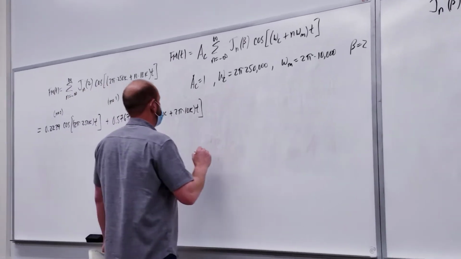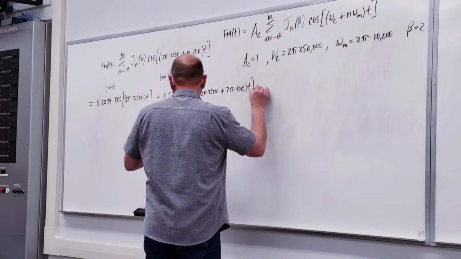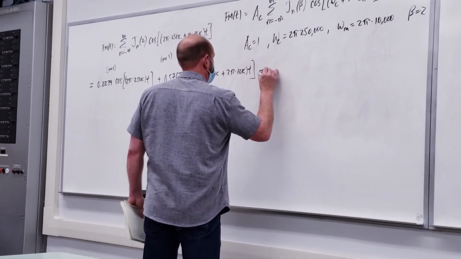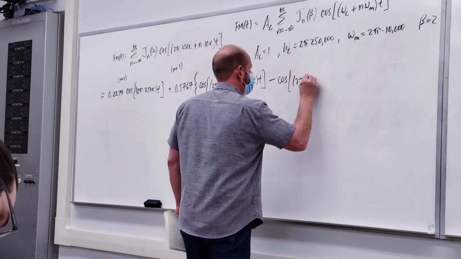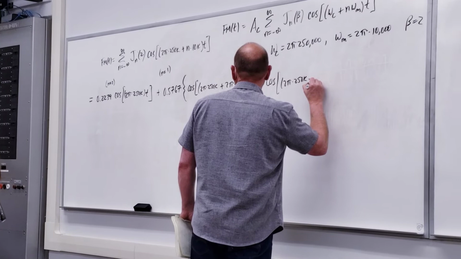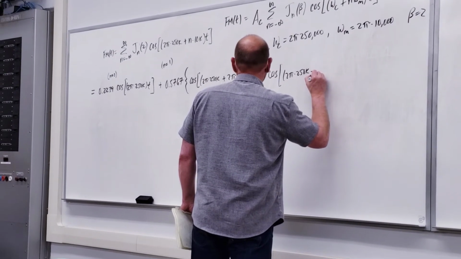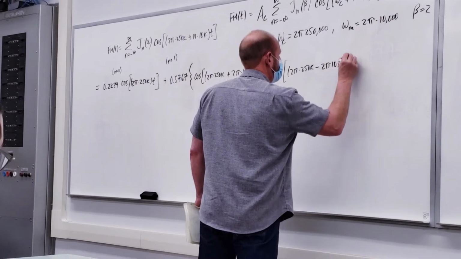Same constant, at least in value. Let's see, for n equals 1, it's going to be minus cosine 2 pi times 250,000 minus, n equals 1, minus 1, so it's minus 2 pi times 10,000 t.